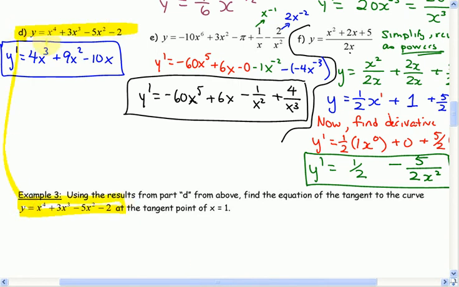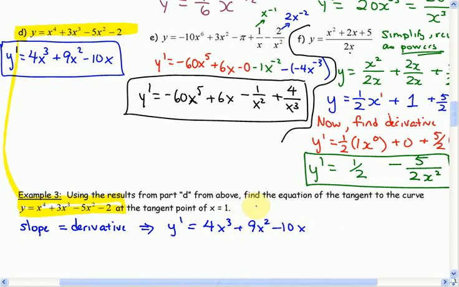If I asked you now to find the equation of the tangent to the curve at the point x equals 1, what quick thing can we do? Plug in x. So yeah, first of all, I need to find the slope, and the slope is really equal to the derivative, and the derivative is equal to this function, y prime equals 4x cubed plus 9x squared minus 10x, and this is from above.